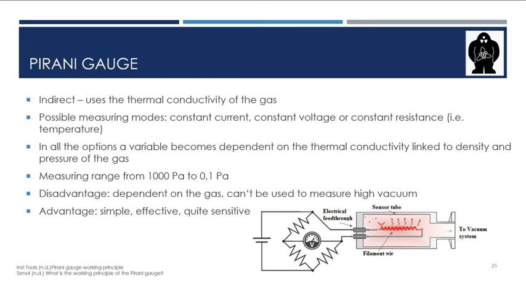The current gas pressure can be obtained from the calibration curve. This gauge is generally able to measure vacuum from 1000 to 0.1 pascals with reasonable uncertainty. Therefore, it is not suitable for measuring high vacuum. On the other hand, it is simple and in its measuring range, it is quite effective.